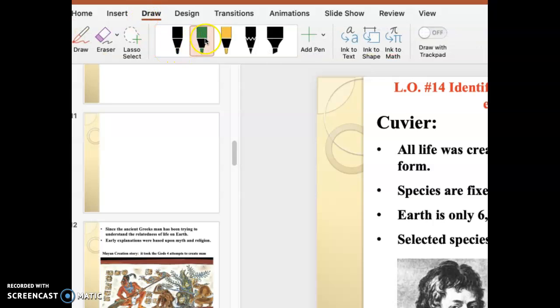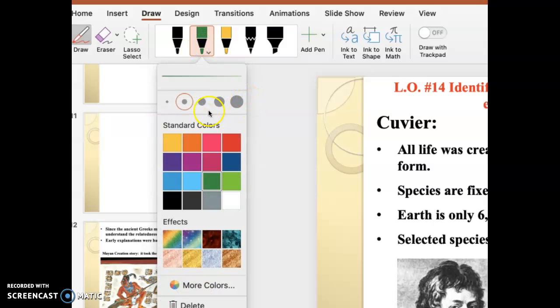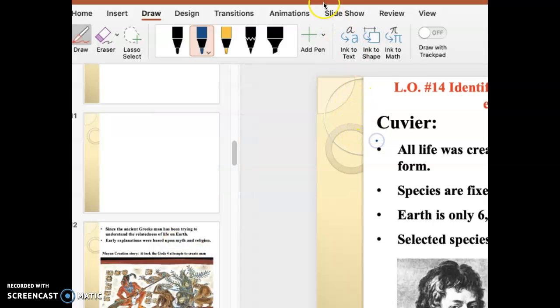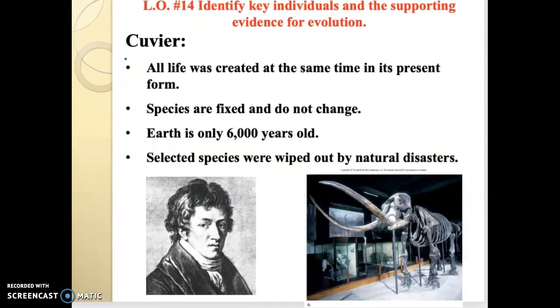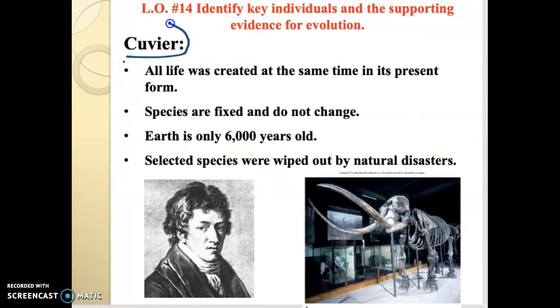Now you click on a pen. I can draw with, ooh, I'm going to do it in green ink or blue ink, and I can change the size. So now I can come back to my slide. Oh, let me move my box. And I can go Cuvier, very important person to remember.